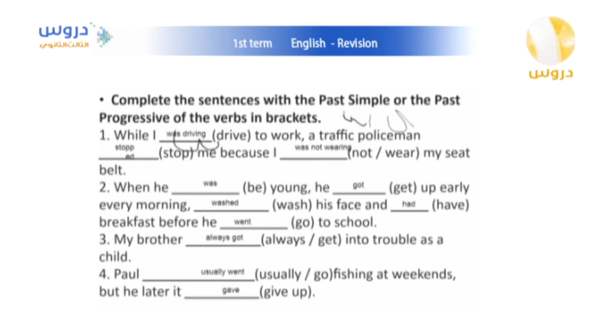Okay, why is it my brother always got? Why? Always is not in the past, I think. Okay, good. Is Umar's question clear for you all? My brother always got into trouble as a child.